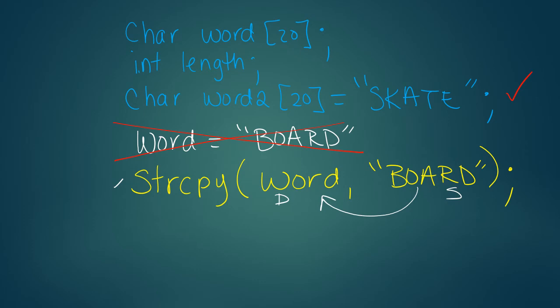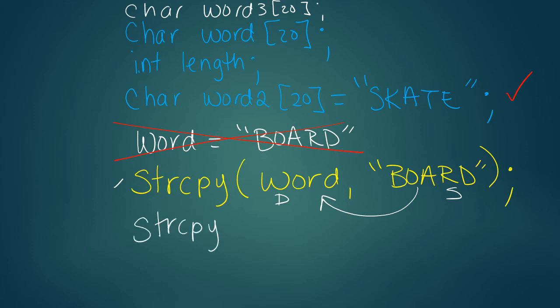So I could have char word3, and I could do string copy into word3 word. So that's also possible. My source is word, and after this executes, both word and word3 will be board, and word2 will still be skate because I haven't done anything with it.